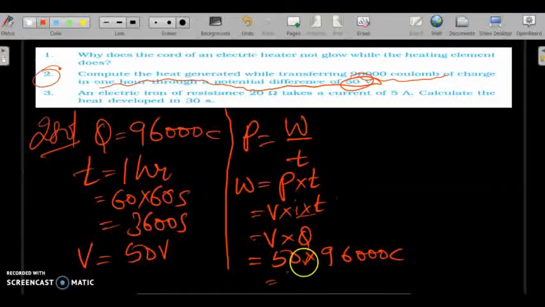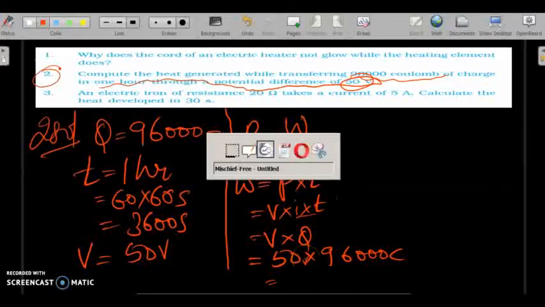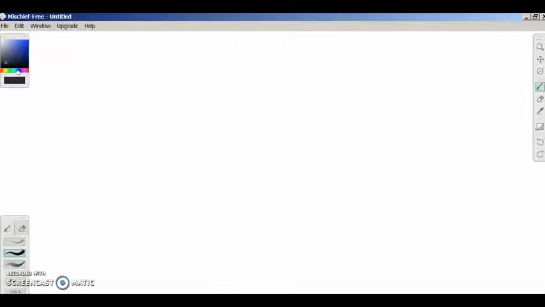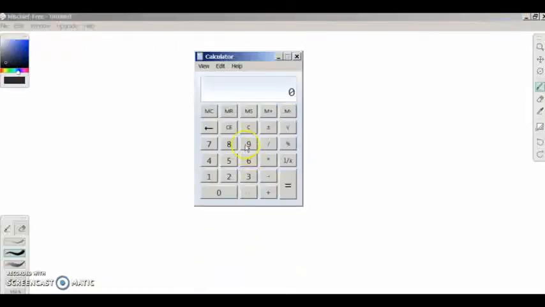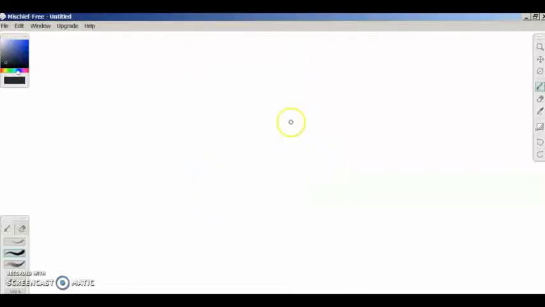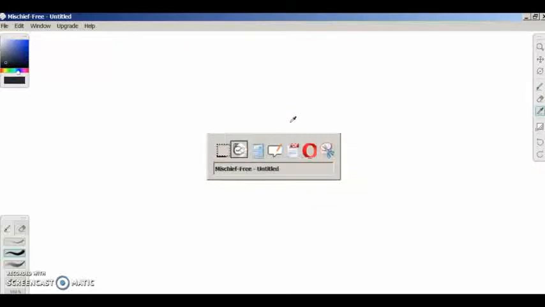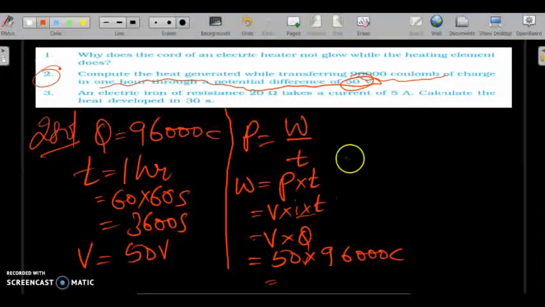When I calculated this, 96,000 into 50 is equal to 48 followed by 5 zeros.